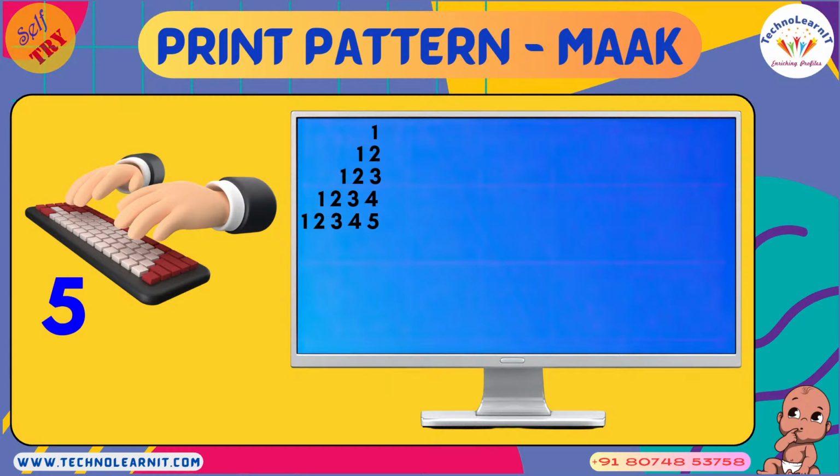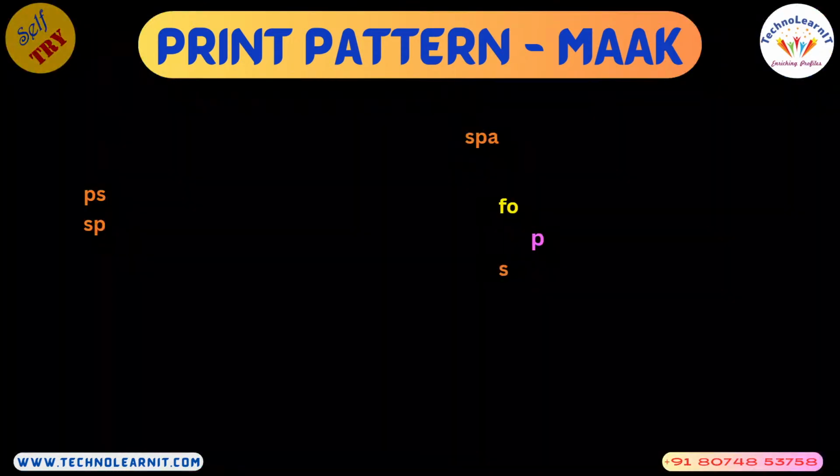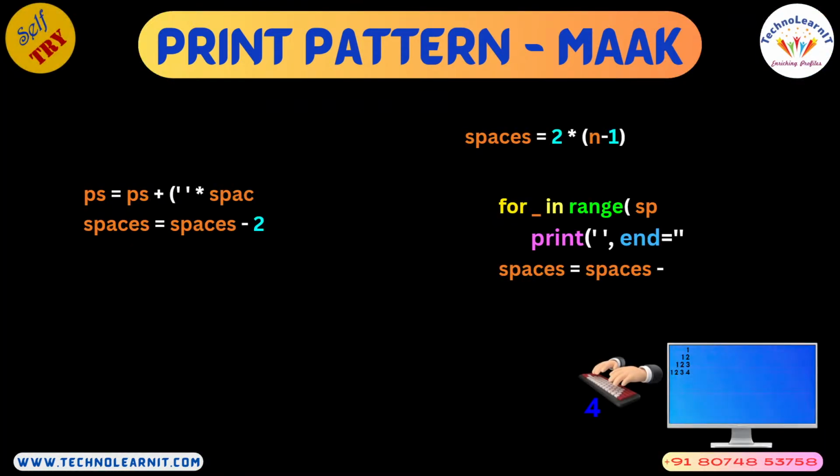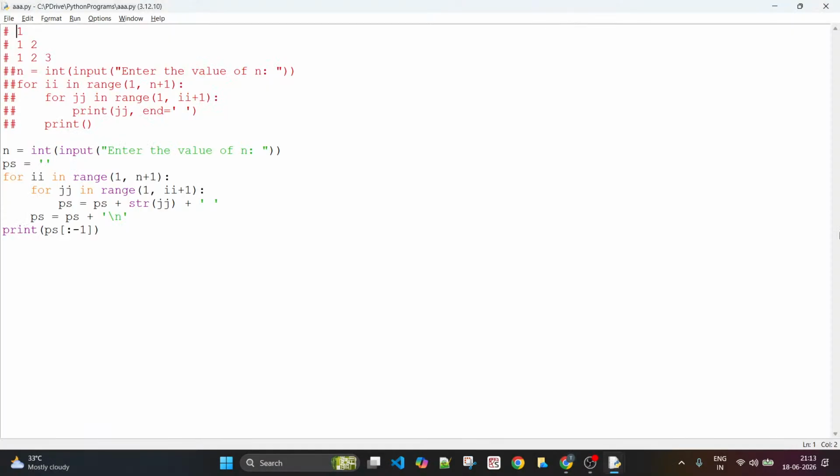So that is a key difference between the earlier programs and this one. This is a different way of dealing with printing the spaces. All right. Having this understanding, let us move ahead with coding this.